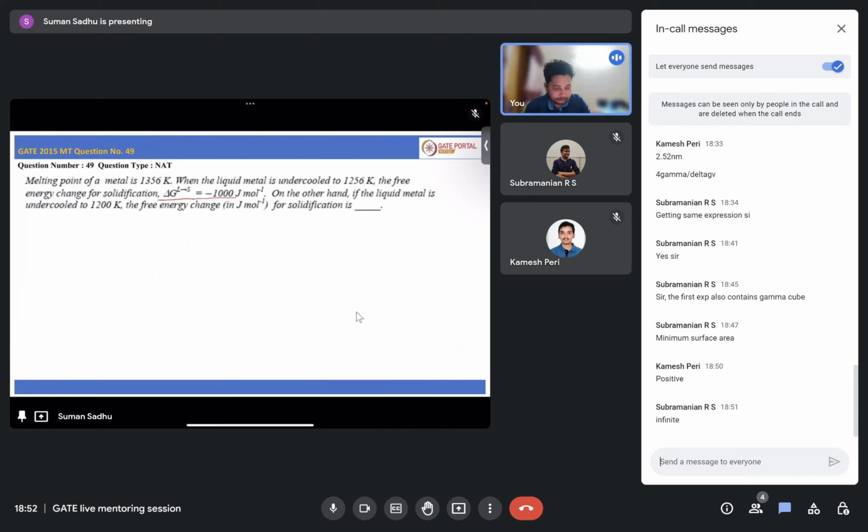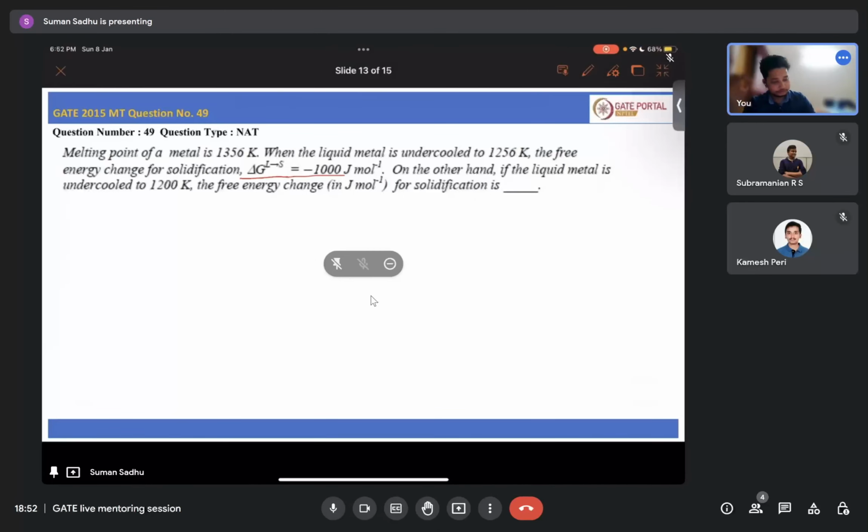On the other hand, if the liquid metal is undercooled to 1200 Kelvin, the free energy change in joule per mole for solidification is? So this also we can approach from this free energy versus temperature plot.